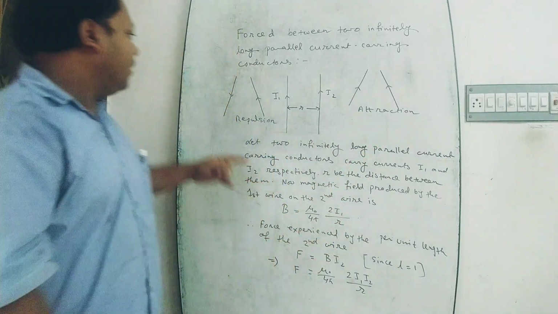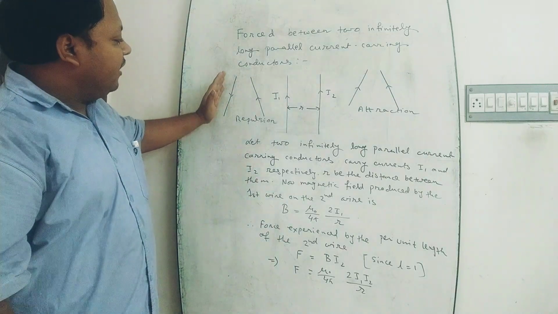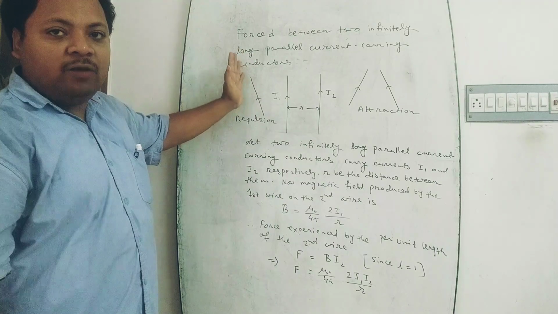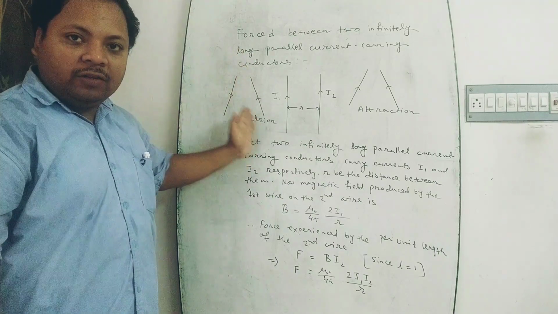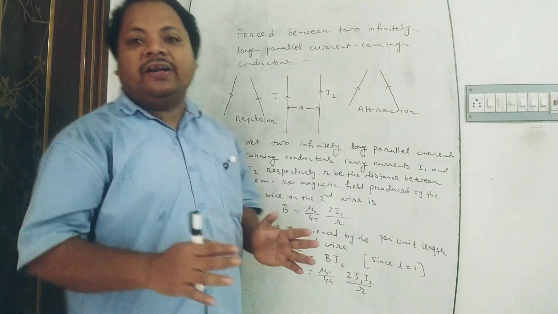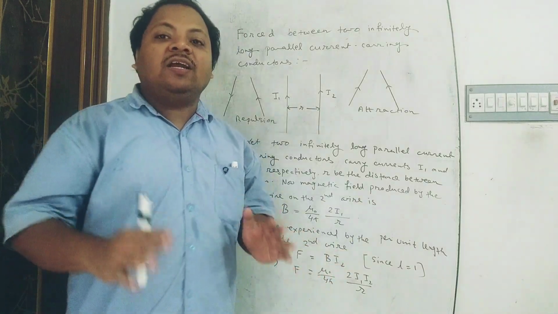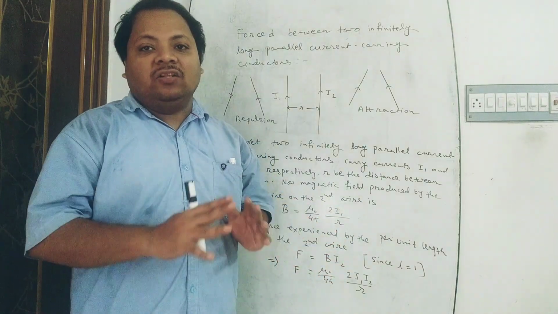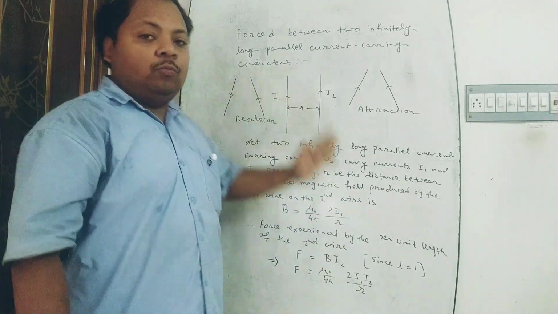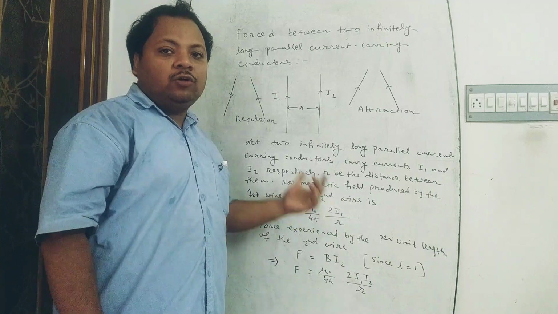But when one current passes towards a point and another current moves away from the point, that is, when the directions of the currents are opposite to each other, then these two wires repel each other. This is the nature of the force between the two wires.